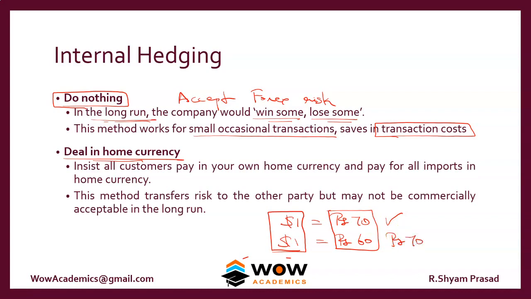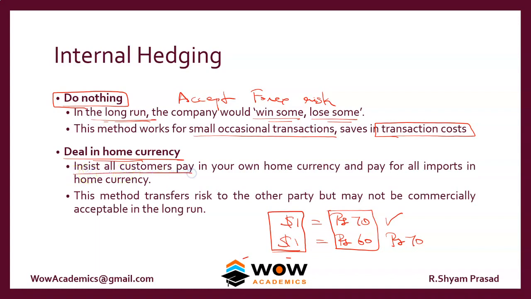So does it mean that the forex risk has gone away? The answer is no. The forex risk is still there, but you have shifted the forex risk from yourself to the foreign company. But can you work this out in all cases? No. Your company and your products have to be in such a strong position that the other party is willing to accept the forex risk.